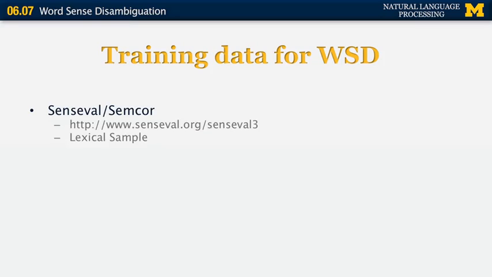And SenseEval is an annual competition that was done in two different events. The first event was the lexical sample task, where there was training data for a small set of words, things like bar and plant and board, each of which appearing in sentences that were annotated with the proper senses.